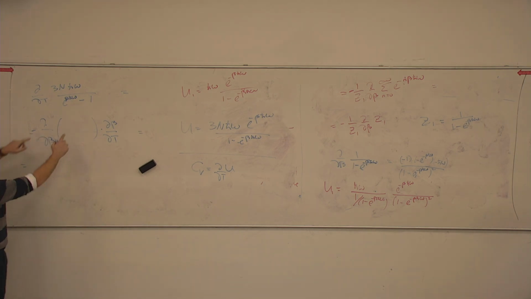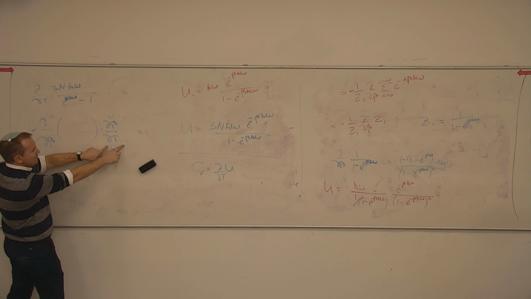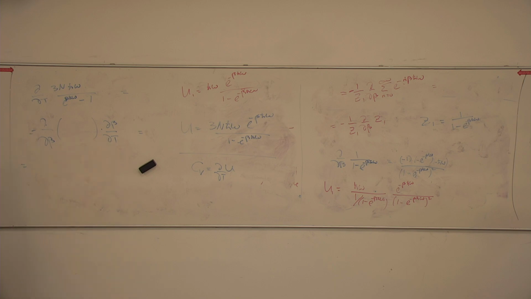So we are taking the derivative with respect to beta of this guy, and then we multiply it by d beta dT.